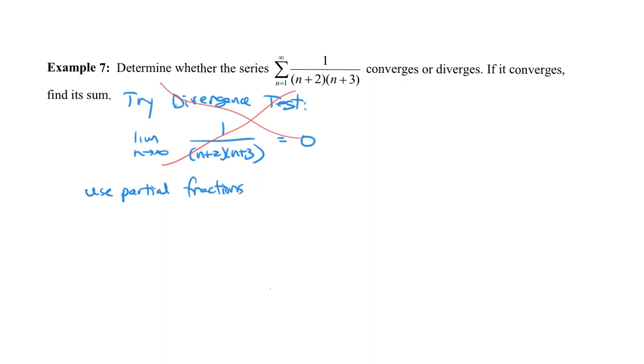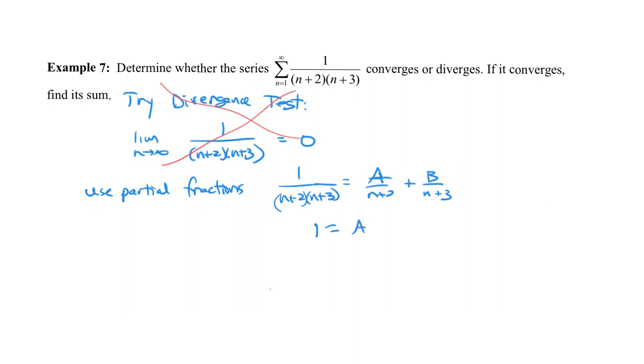Okay, so we've got 1 over n plus 2 times n plus 3 equals a over n plus 2 plus b over n plus 3. The way that I will do this one, I'm just going to multiply each side by the denominator. If you remember from doing these before, we'll multiply this side by n plus 2 times n plus 3 and also this side. So this side will cancel everything but the numerator, so I have 1 equals.